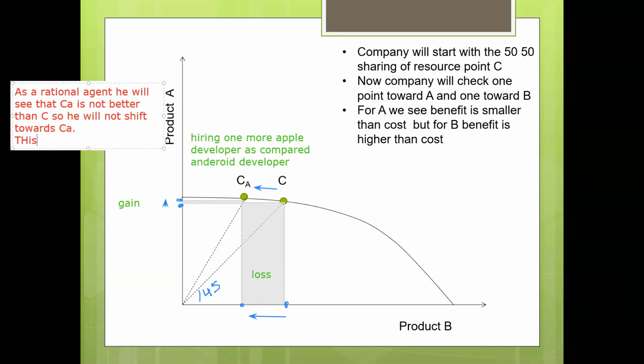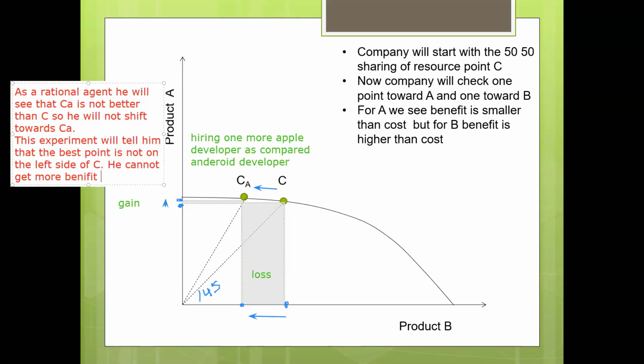This experiment will tell him that the best point is not on the left side of C, which means he cannot get more benefit if he is focusing on Apple development.